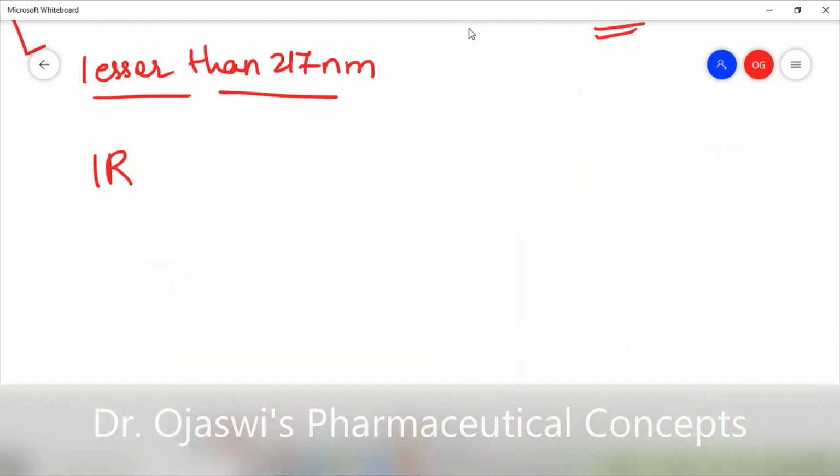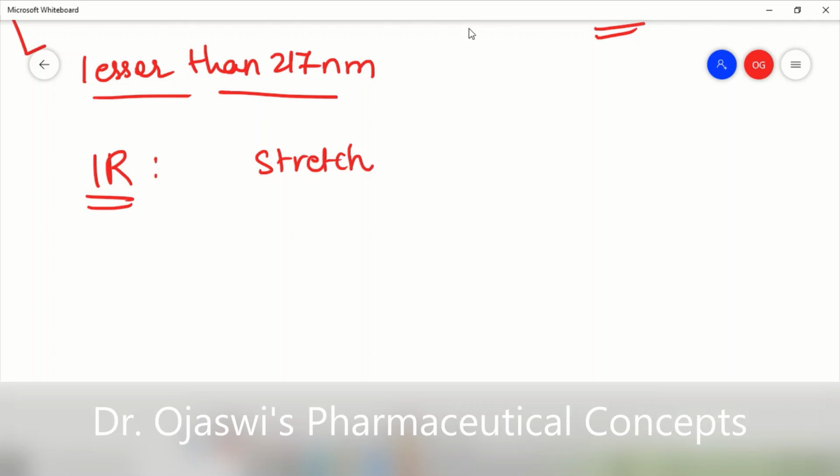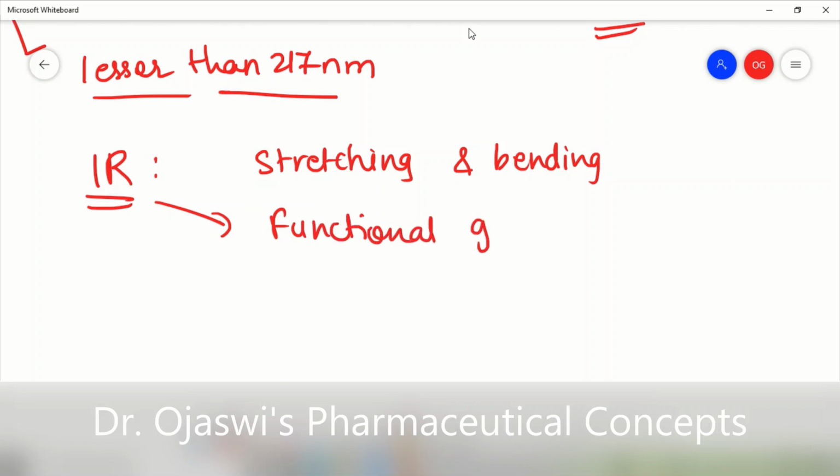In IR radiations we know that we work on the stretching and bending vibrations. In simple words, using IR we can identify the various functional groups which are present in any compound. So if this is limonene, and I am bombarding IR radiations on it, what kind of peaks will be obtained?